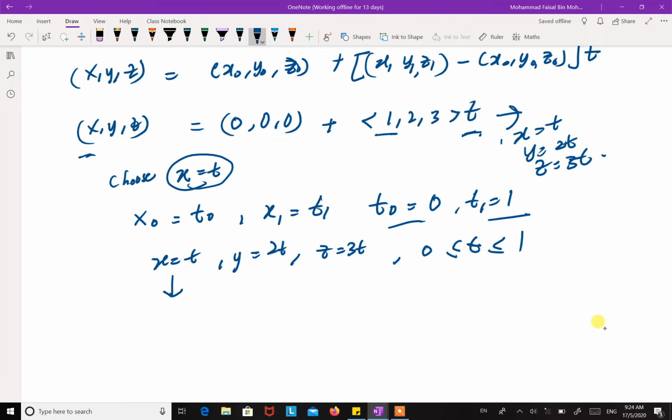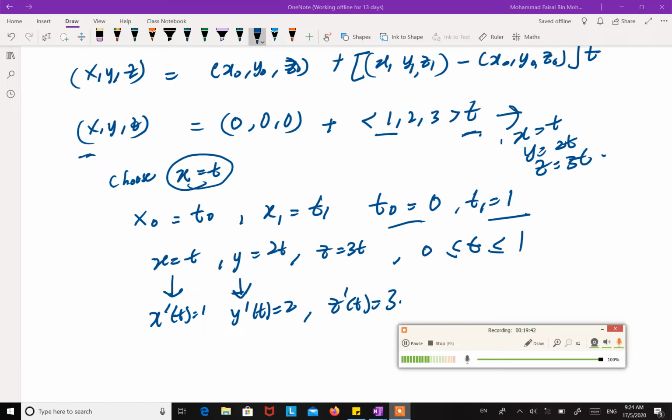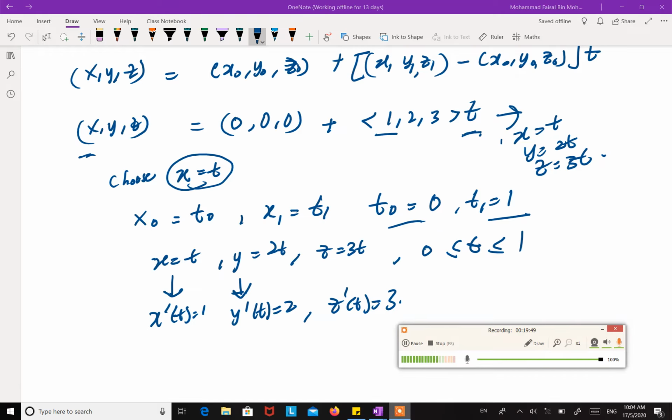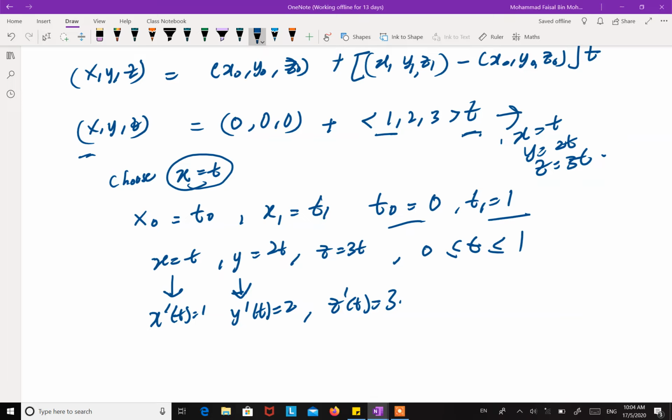So from here, x prime t will be 1, y prime t will be 2, z prime t will be 3. Okay, again, let's say I choose x equals to 2t. So x naught equals to 2t naught.